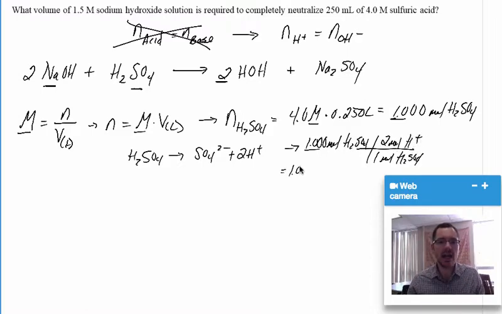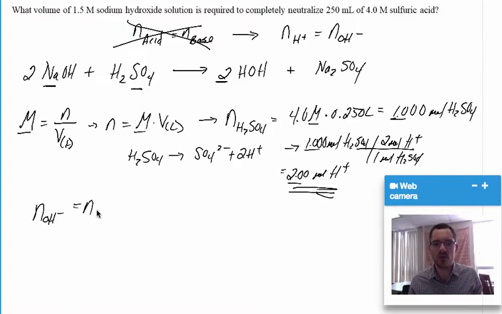So technically I'll have 2.0 moles of protons to 2 sig figs. And since I know the number of moles of protons, I can now say that the number of moles of hydroxide, which must equal the number of moles of protons for full neutralization, will be 2.0 moles of OH negative.